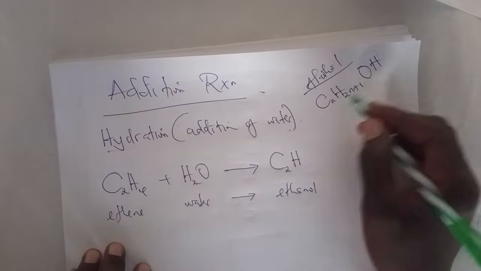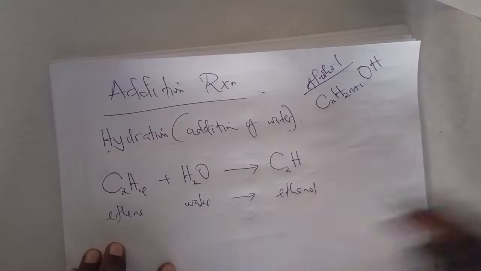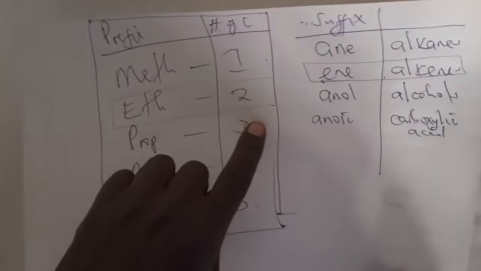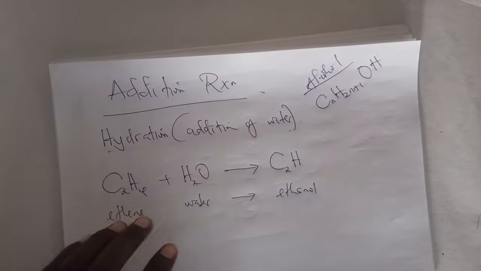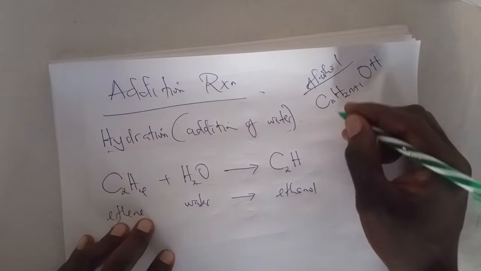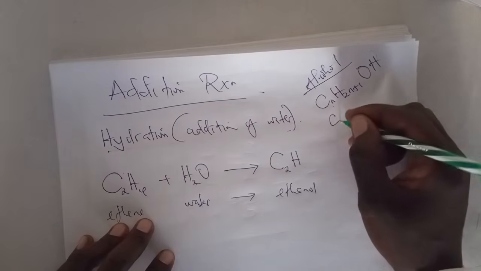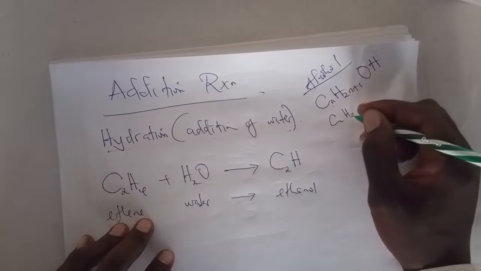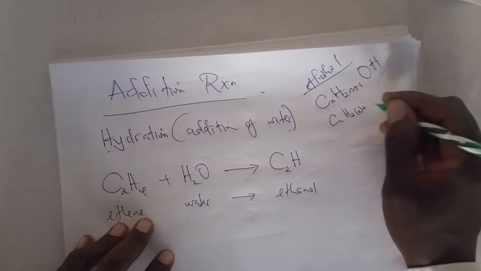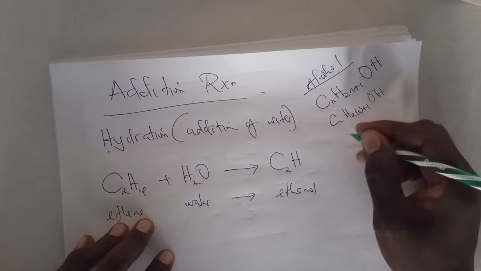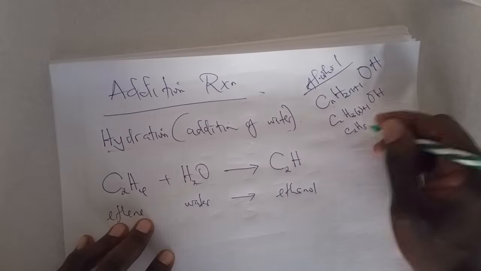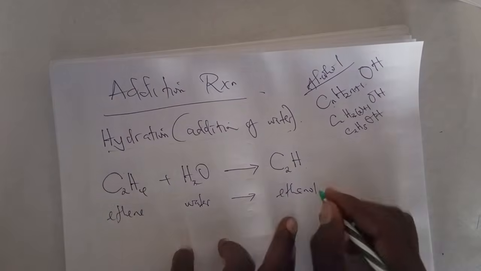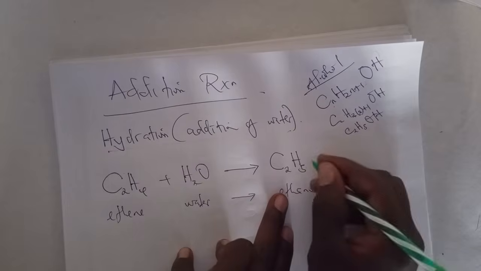So when we use this formula for ethanol, remember, eth is for 2 carbon atoms, then ol means that it belongs to alcohols. When we put the 2 here, it will be C2H2n+1, so 2 times 2 is 4, plus 1 is 5, OH. This is what we are going to have here.